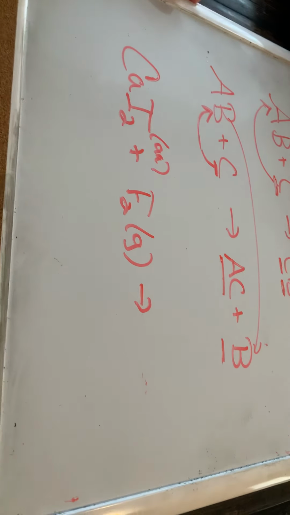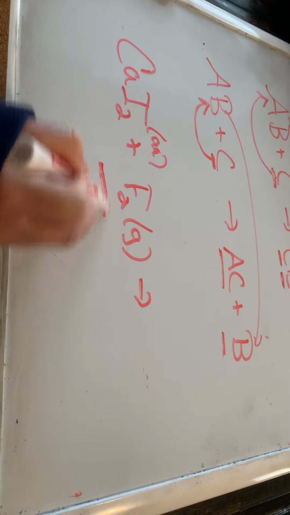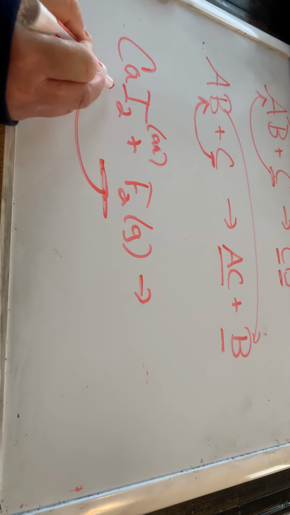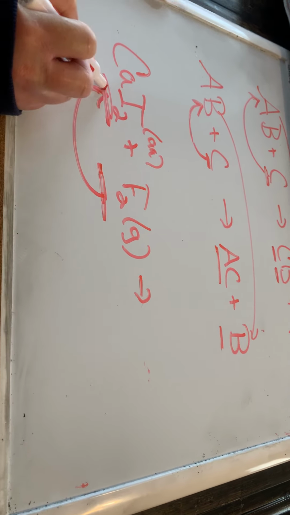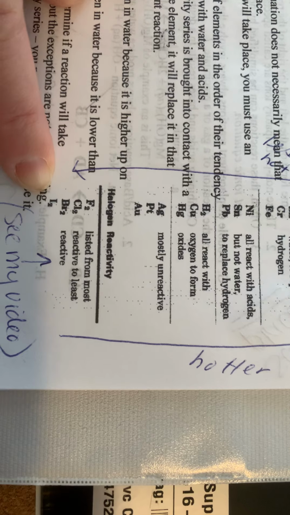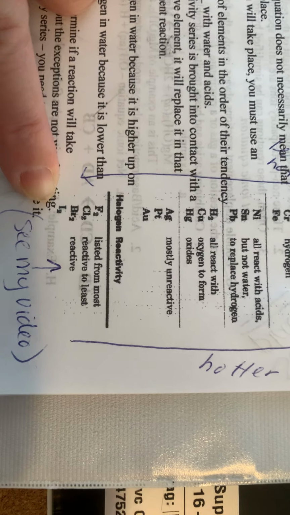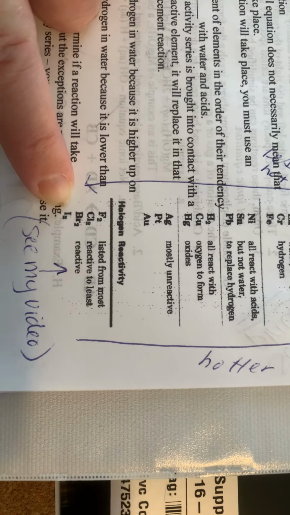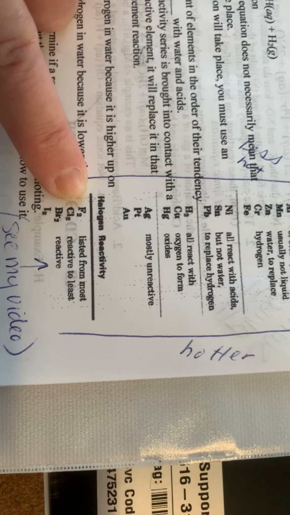And you want to know if there's a reaction. Okay. Fluorine's negative, so it's going to come in and try to knock out the negative. Okay. So what you have to do is go down here and determine whether fluorine is going to be able to knock out iodine. It is, because fluorine's on top and iodine's on the bottom. Fluorine is the most reactive.